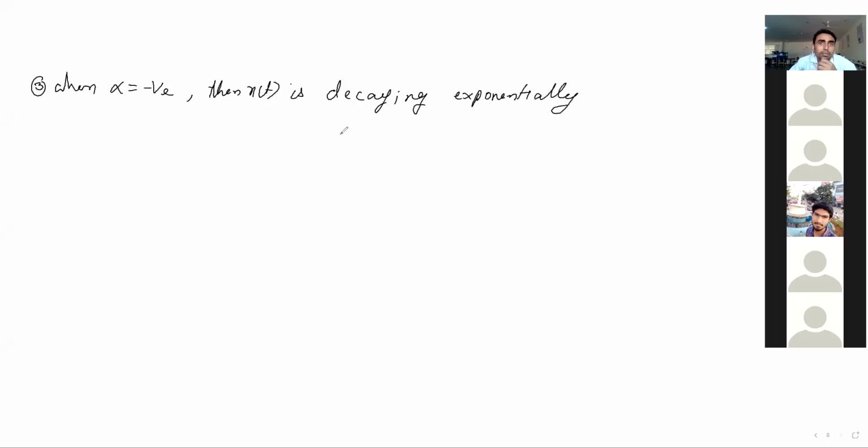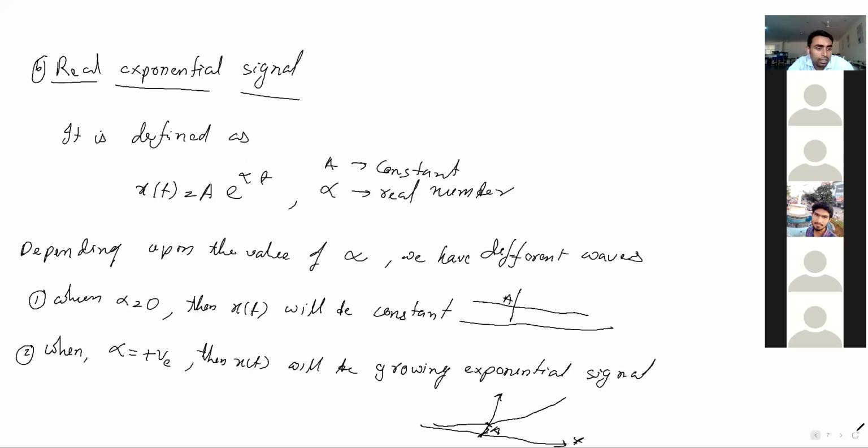Decaying exponentially means it decreases its value as time increases. The graphical representation is like this. At t equal to 0, the value is A.